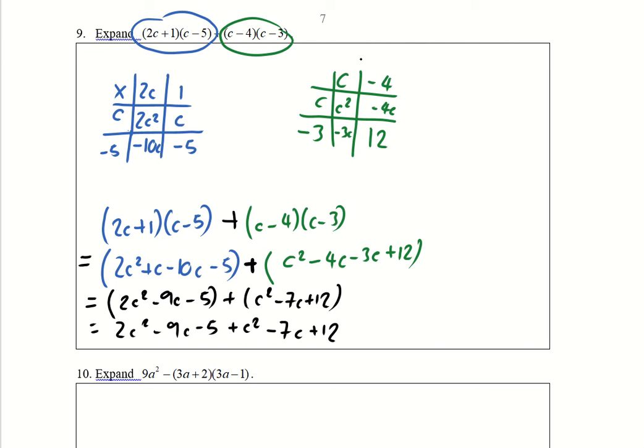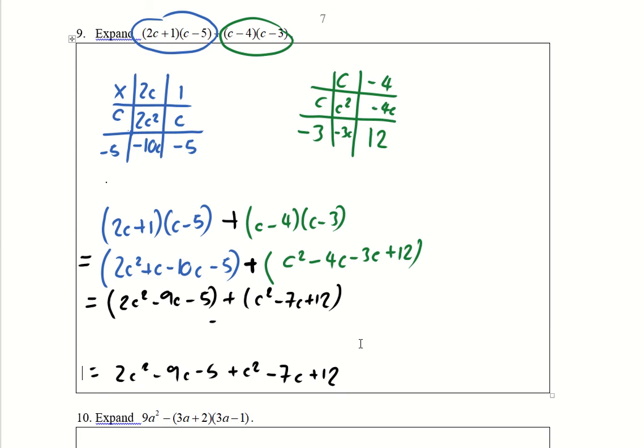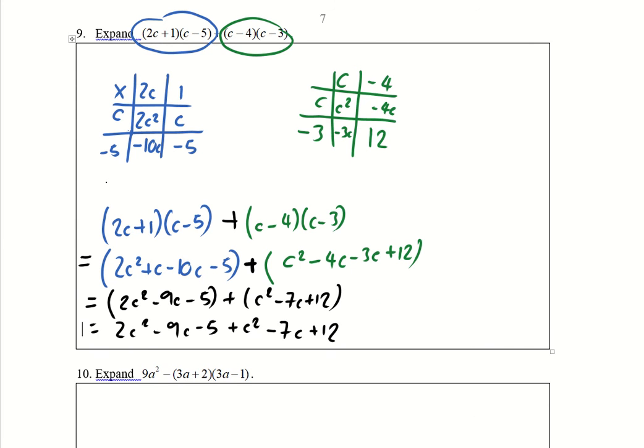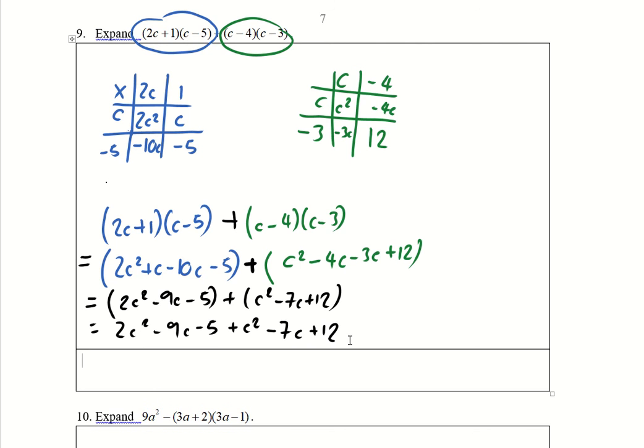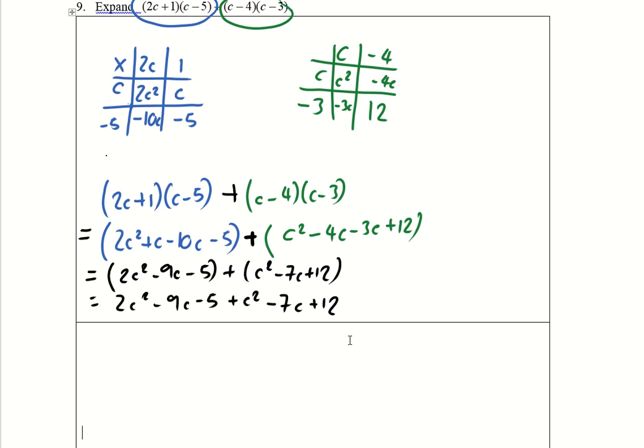Okay, give me a moment. So, group all the like terms together. Let me create some space here. Okay, just need more space. Sorry.